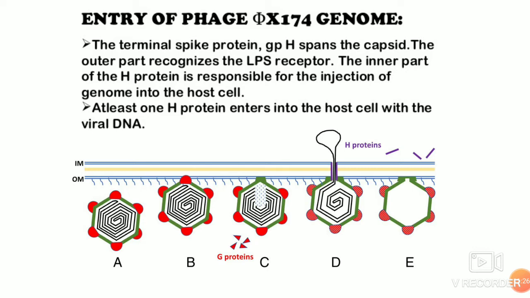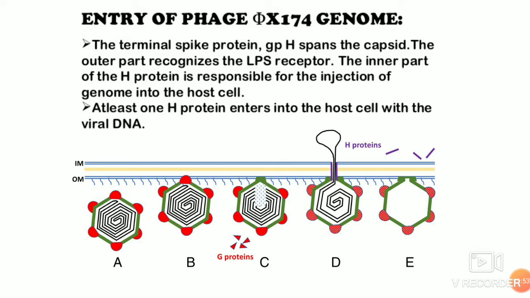Because of this destabilization, structural change, there is dissociation, leaving the loops on the surface of the F protein to maintain the interaction with the cell wall of the host. Okay, now the G protein dissociates and the F protein interacts with the outer membrane.